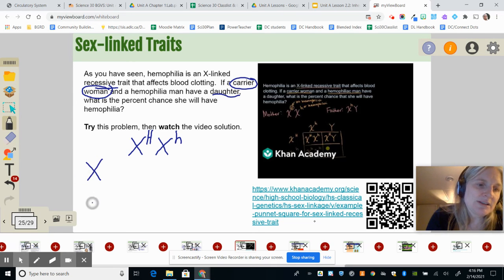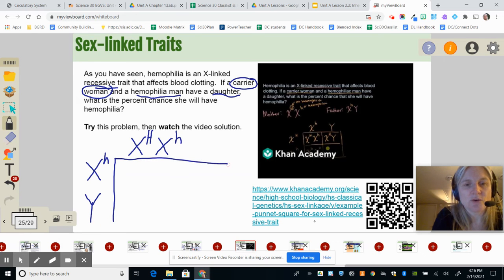A man always has an X and a Y. There's no allele for hemophilia on the Y chromosome, so we ignore that. And this man has hemophilia, so he has to have the recessive allele. There is our mom and our dad and the possible gametes that they're going to give. So we're going to turn this into a Punnett square like that.